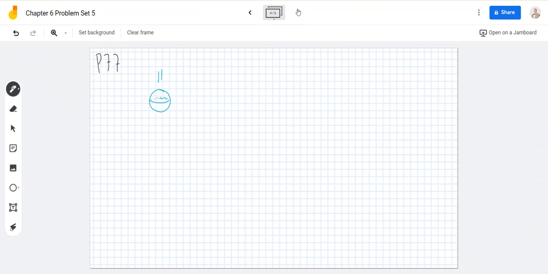So, oh, looks like there's a couple more. 77. It says, what is the terminal speed of a 6 kilogram spherical ball? So m is equal to 6 kilograms.